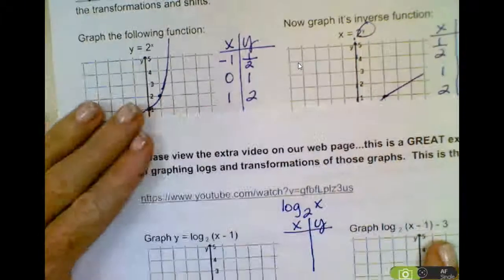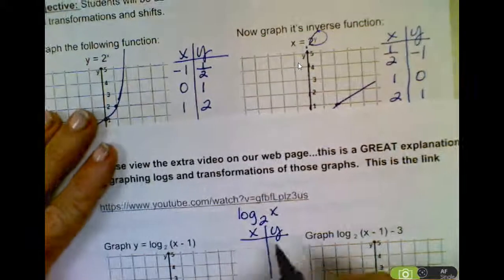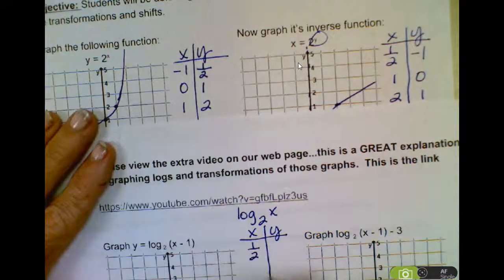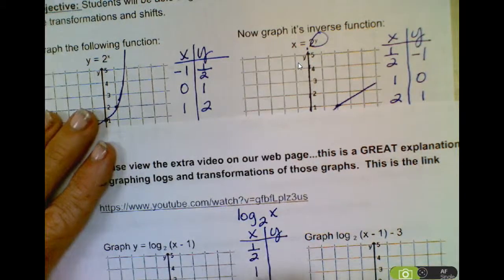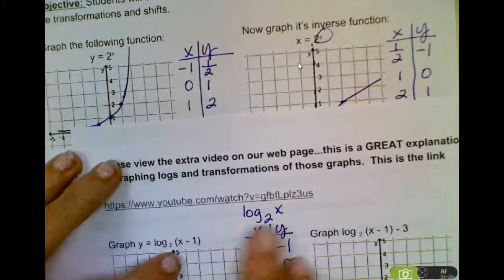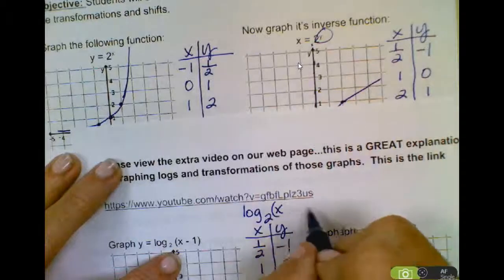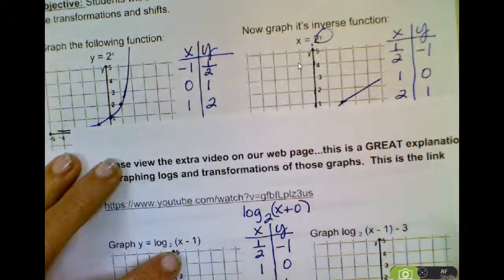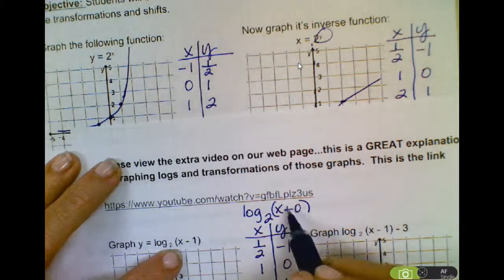So our inputs were 1/2, 1 and 2, and our outputs were -1, 0, and 1. So remember that log of x is like log of 2x plus 0. So I need that total in there to just be x.